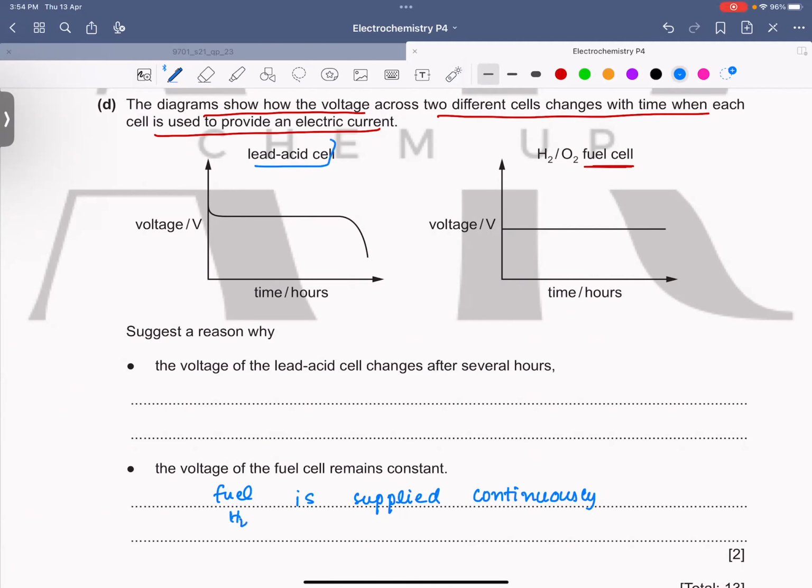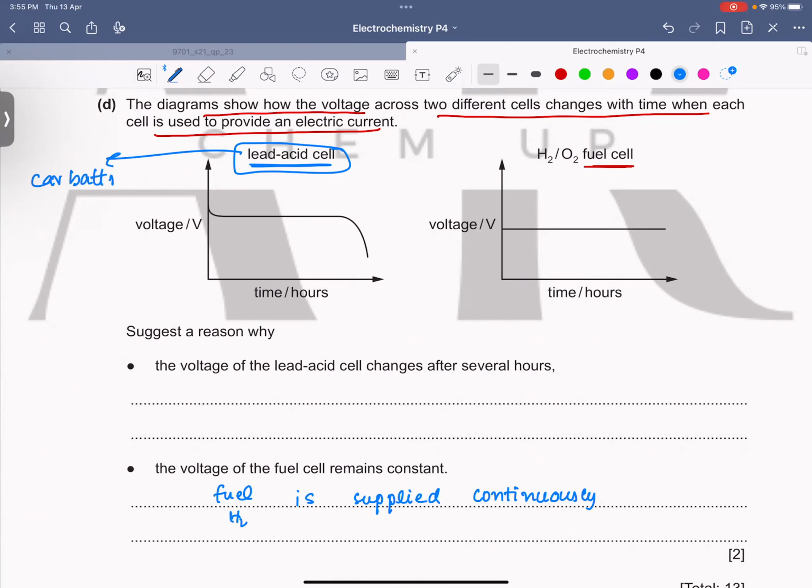If you recall, does any one of you know the use of lead acid cells, where they are used? These are the car batteries.